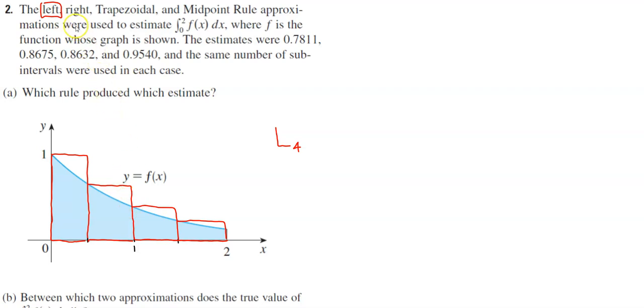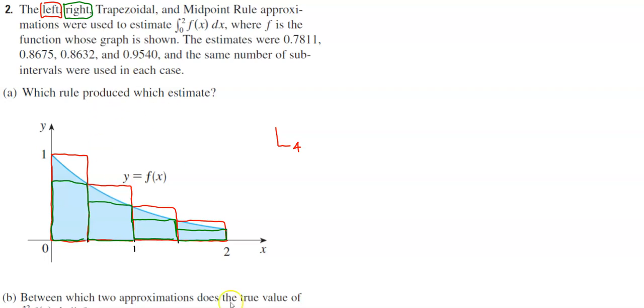So now we're going to draw the estimate for the right approximation using the green. Starting at the right side of the function, we're going to go to the first subinterval, and there is our first rectangle. Then here, we're going to go to the next subinterval, and then here, the next subinterval, and then again here, our next subinterval.